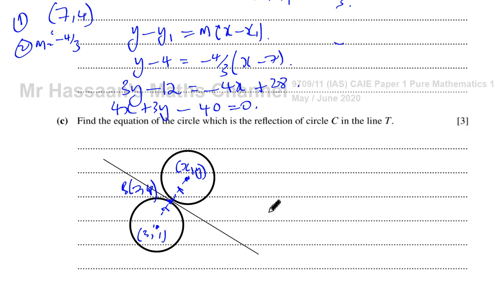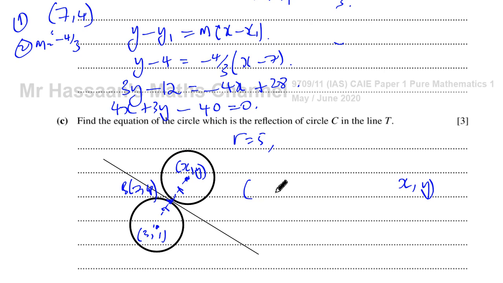So we can use that to find the equation of the circle on this side, because I know the radius of the circle is still 5, but I can find this center. The center of this is x, y. So x, y is like the end point.